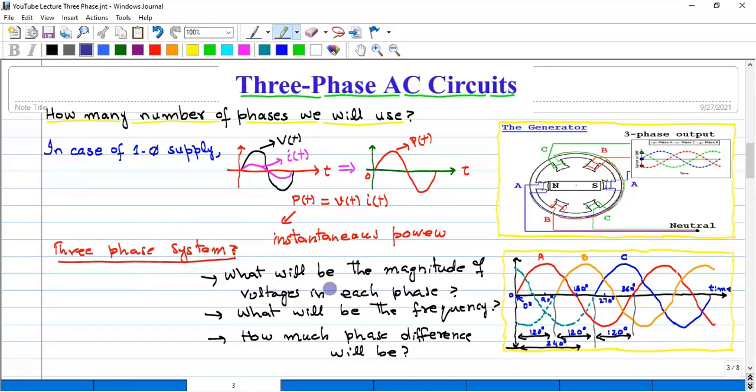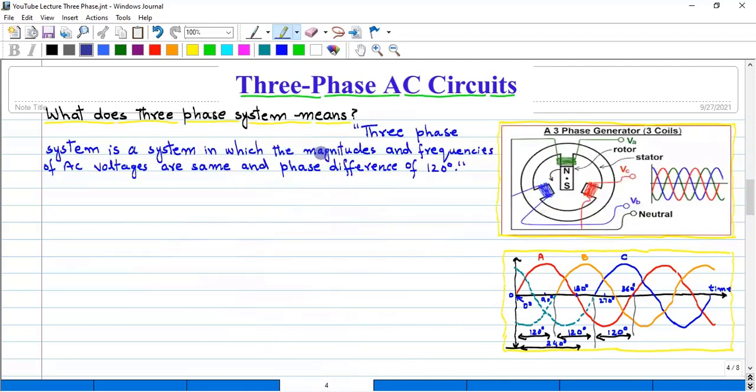The first one is, what will be the magnitude of the voltages in each phase? The next is, what will be the frequency in each phase, and how much will the phase difference be? The answer is, a three-phase system is a system in which the magnitudes and the frequency of the AC voltages are the same.